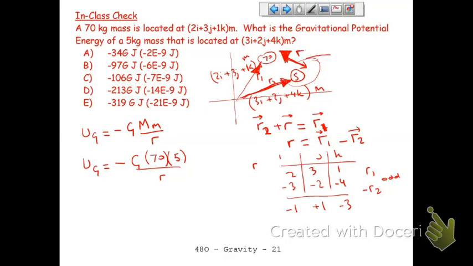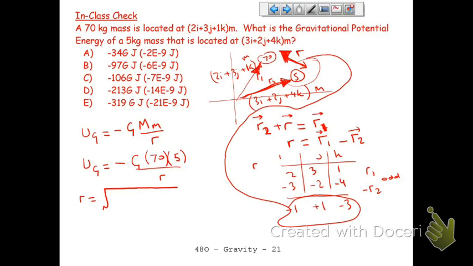This vector here is that vector there. So R is equal to the square root of minus 1 squared plus 1 squared plus minus 3 squared. R is equal to 1 plus 1 is 2 plus 9 is 11, the square root of 11.